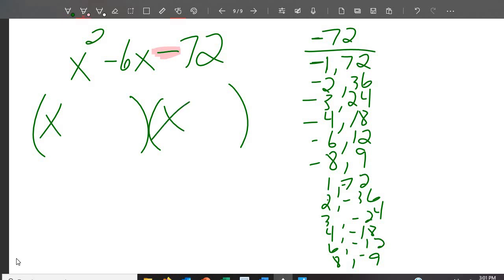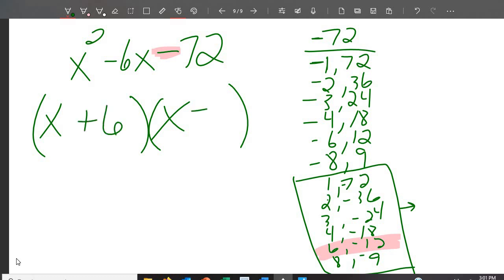Well, it's going to be down here, because when we add those numbers, since the biggest number is negative, it's going to be a negative number. So which pair from down here gives me negative 6? It's the 6 and negative 12. So in one parentheses, we'll put the plus 6, and in the other parentheses, we'll put the minus 12.